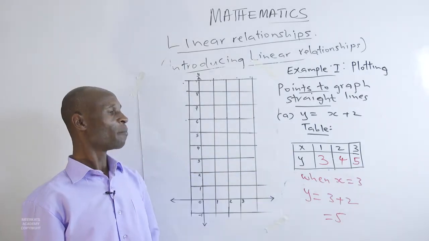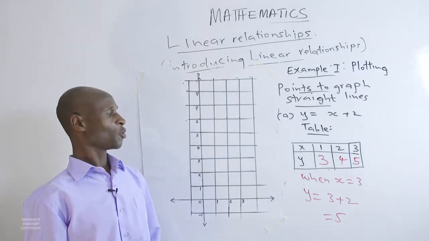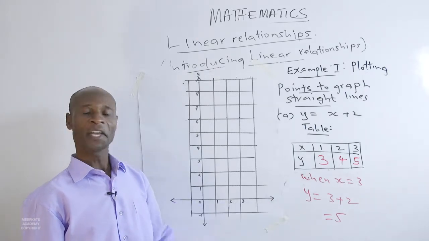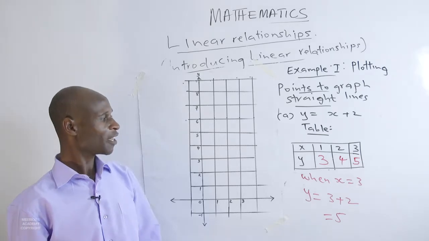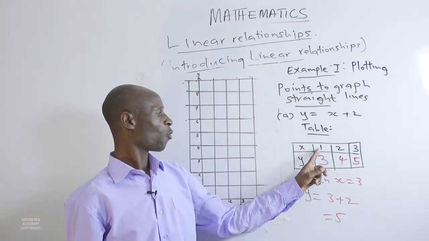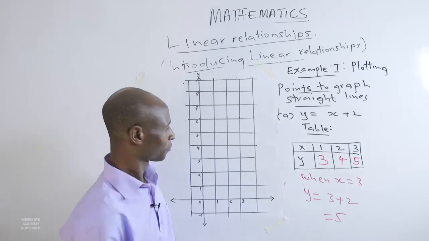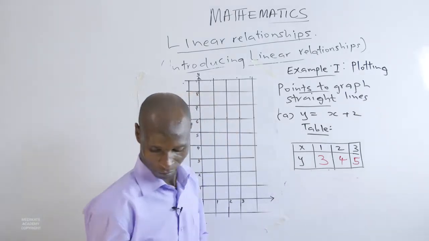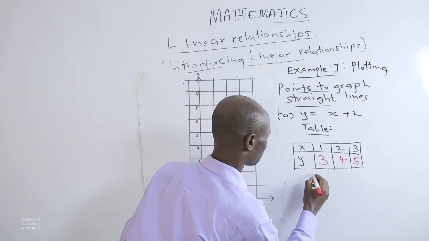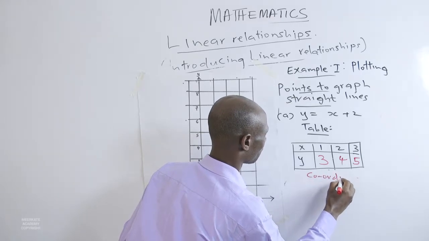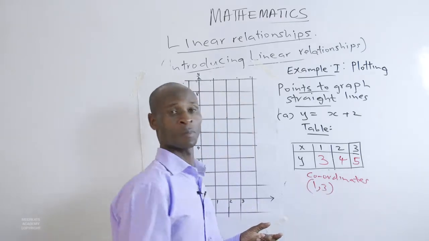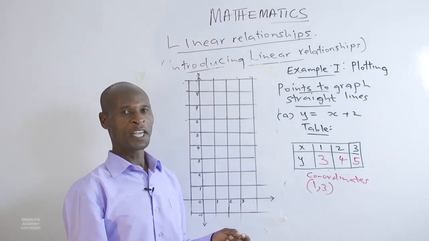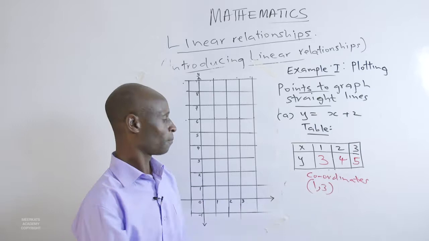And that is the completion of the table. So that means we can be able to identify our coordinates from the table. And the first coordinate is 1, 3. The second coordinate is 2, 4.